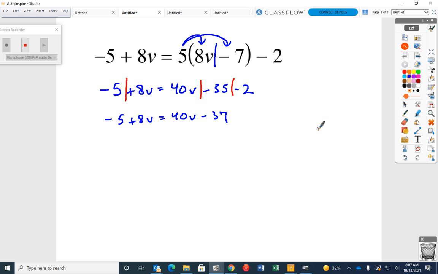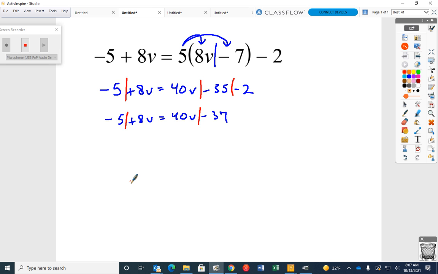Okay, so now I'm getting closer to being a one-step equation, but I've got to first get my variables on the same side, right? So if I look at these variables, which one of these has a smaller coefficient, 8 or 40? 8, so that's the one I'm going to move. Now you can do it either way. Okay, I can move the 40v and I'll still get the same answer. The chances are greater when you move a smaller coefficient that you're not going to have to deal with a negative.